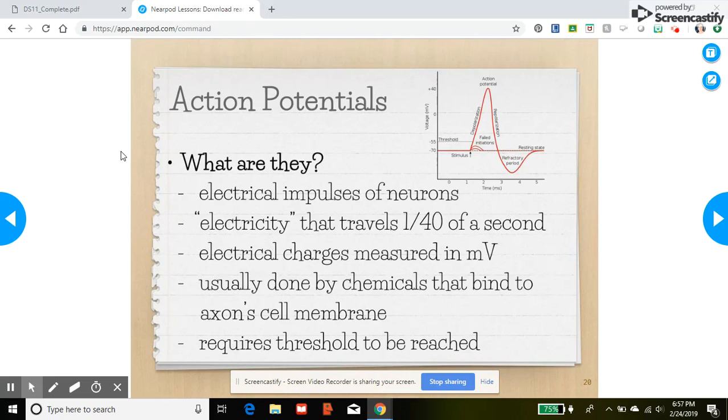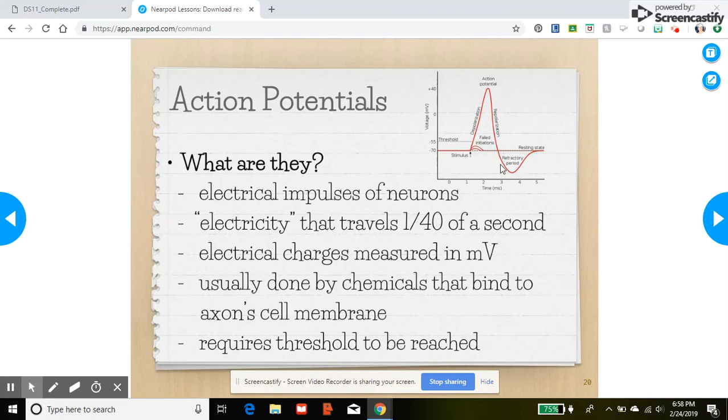Okay, so when you're looking at the little chart up here, voltage, you have MV for millivolts, and you have your threshold sitting here. We have a stimulus, and there's two components to this called depolarization and repolarization. Then you have this little resting time here before the next wave.